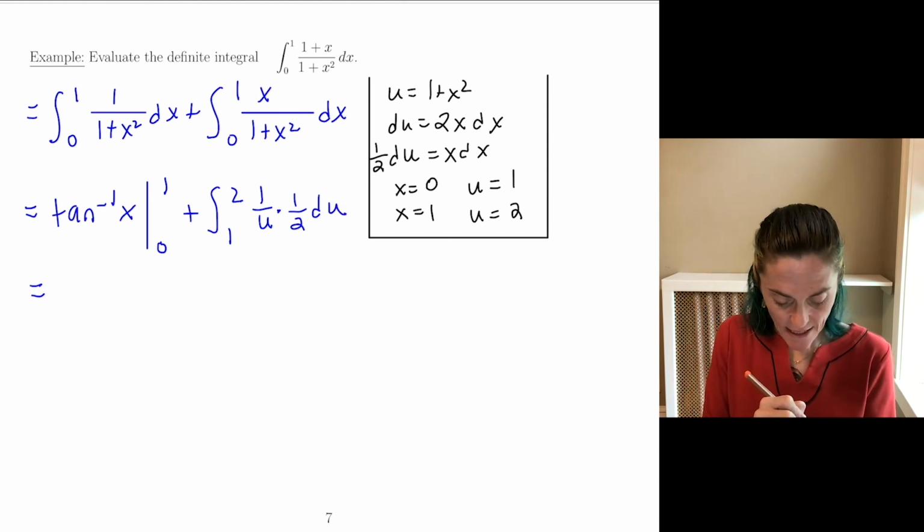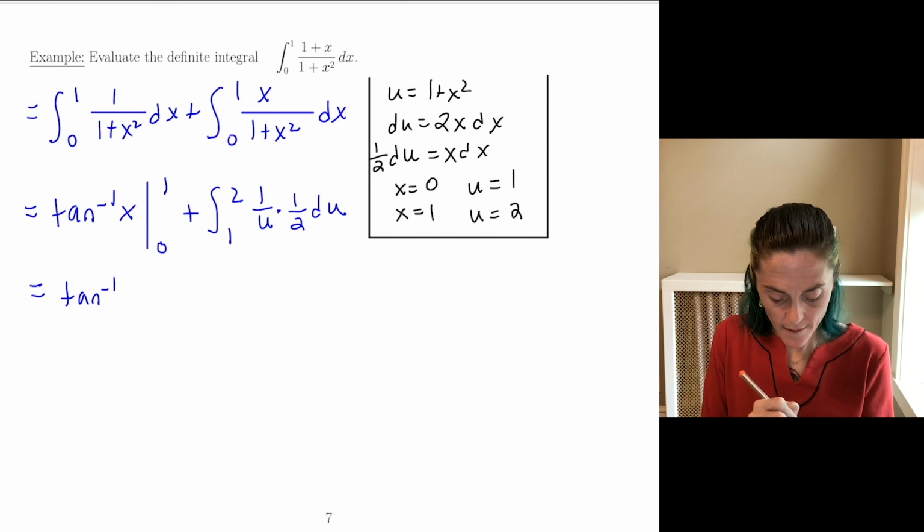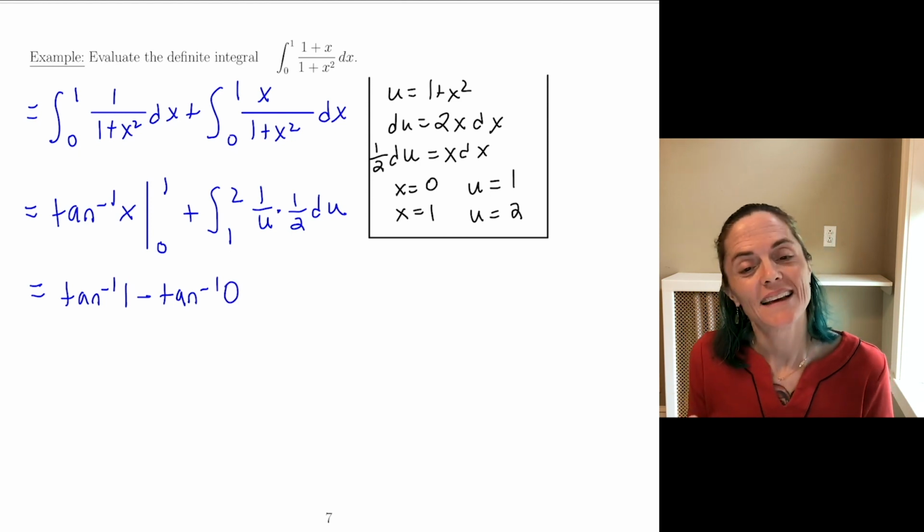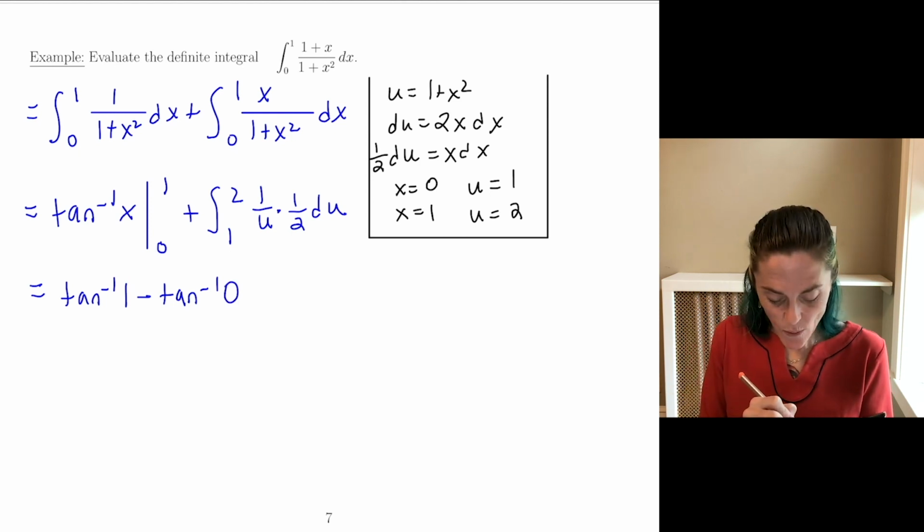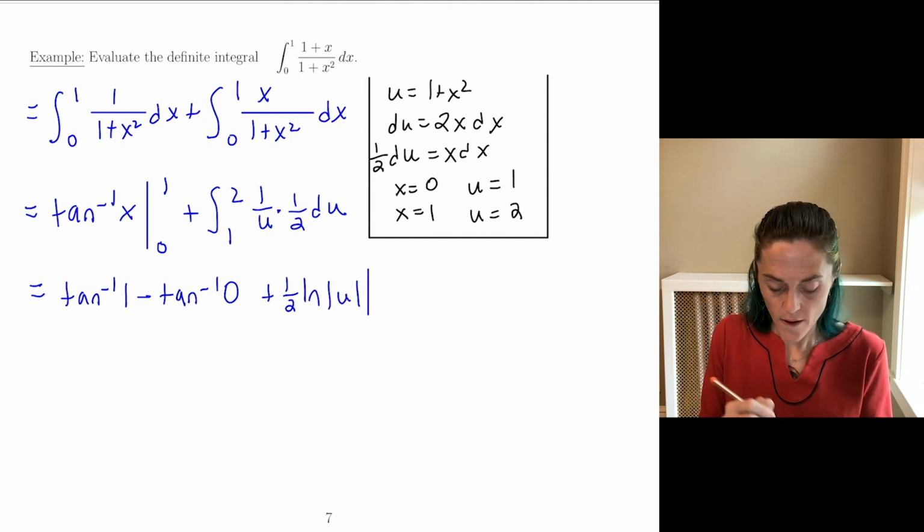Okay, tan inverse of 1 minus tan inverse of 0. We're going to have to evaluate both of these. Then we can integrate here. This will be 1/2 ln absolute value of u, and then we evaluate between 1 and 2.